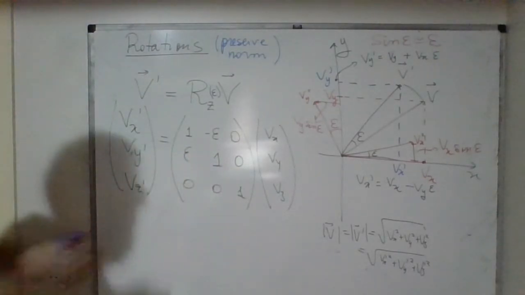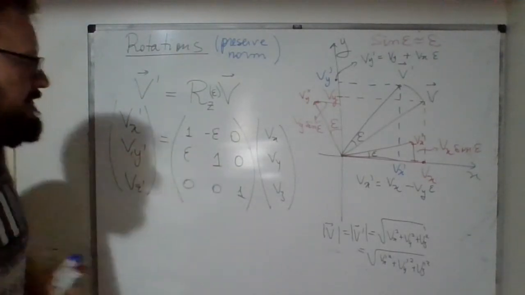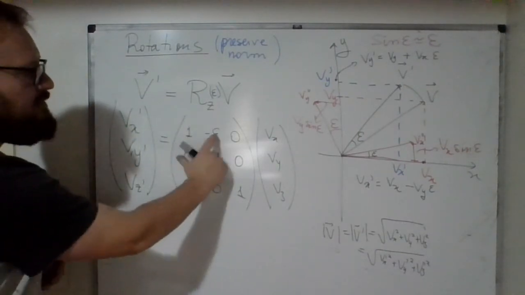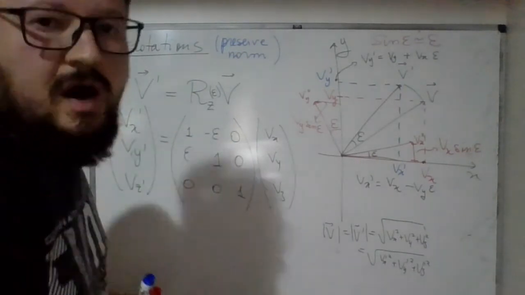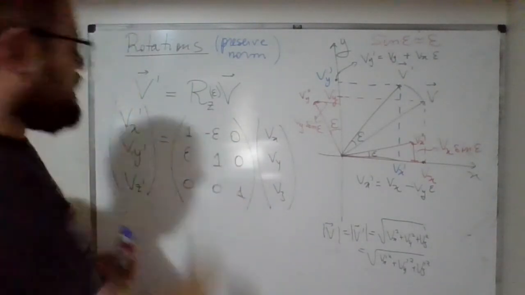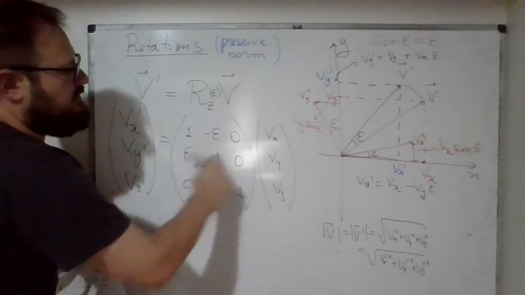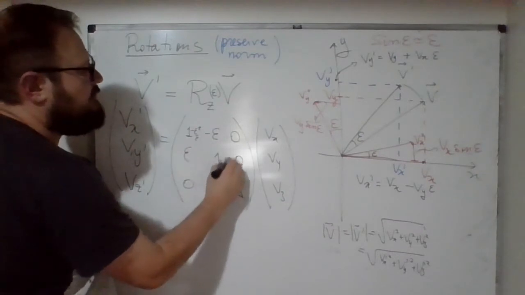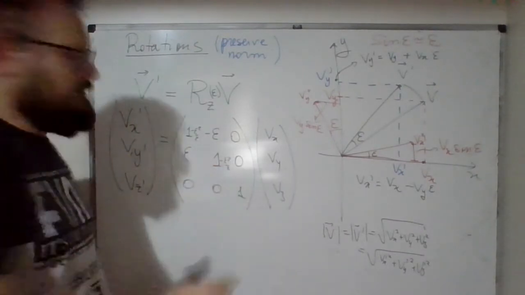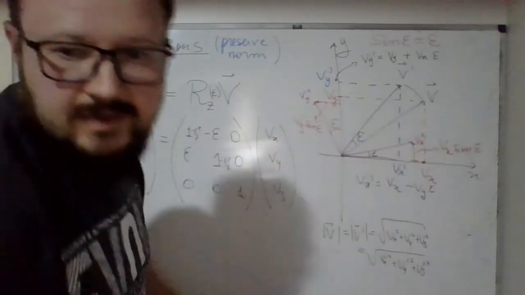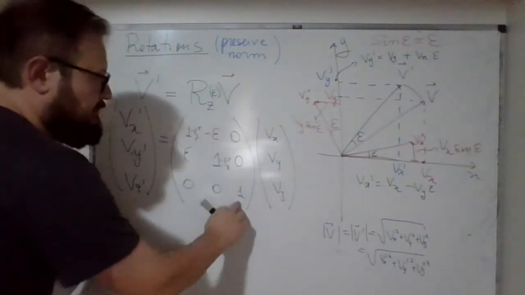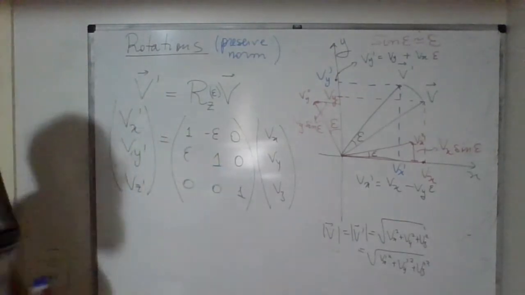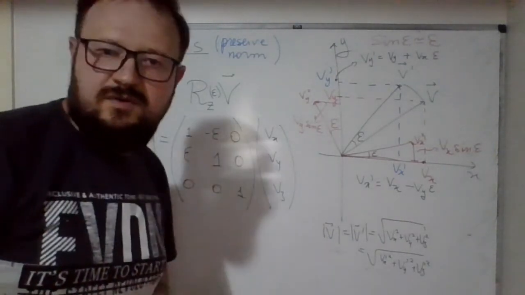But notice this matrix here is the identity plus some small off-diagonal components. Of course, you can calculate second order perturbations here. You will find some minus epsilon squared over 2, minus epsilon squared over 2 on the diagonal. You'll get nothing in the z component because you're rotating around the z-axis, okay? This keeps fixed. But if you are considering to first order in epsilon, this is the matrix of rotation, all right?